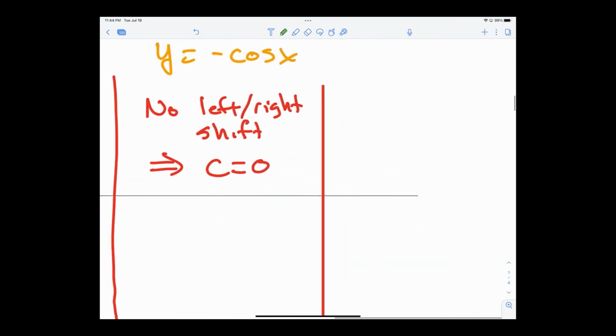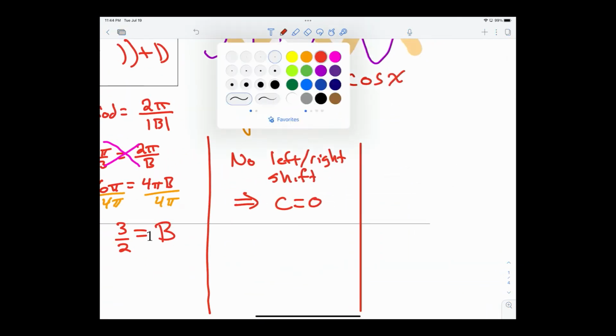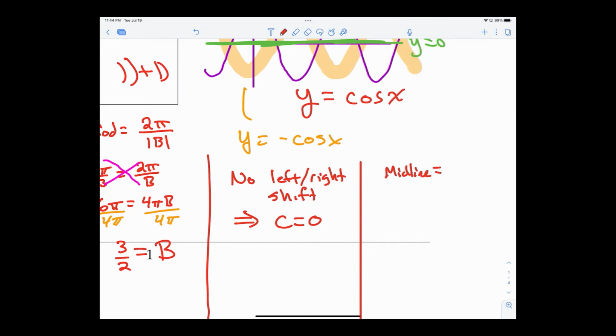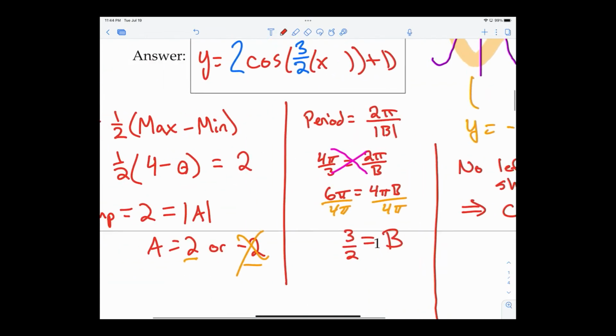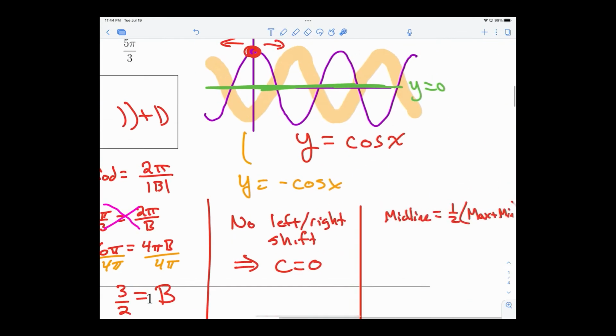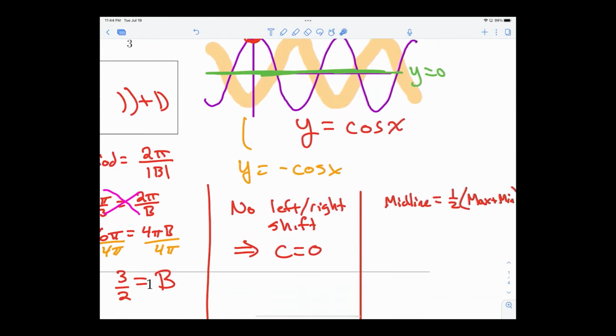So there's a formula for it, by the way, but it's 2. The answer is 2, but there's a formula for it, and the formula is the midline is going to be equal to, well, not the midline. We'll have to write y equals to make it a line, but it's 1/2 the maximum plus the minimum. Now that looks familiar. It looks like this for the amplitude, but it's not, because the amplitude has a minus and this has a plus.